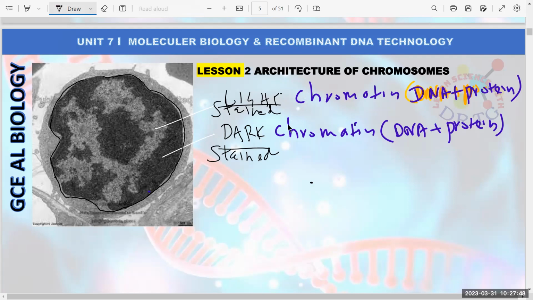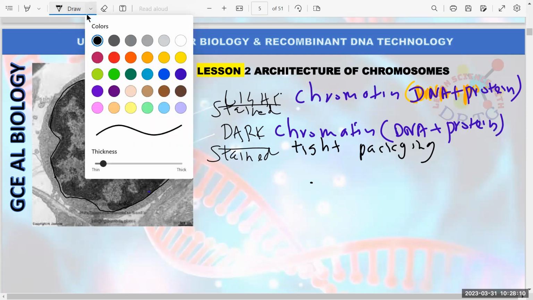The right words are loosely packed and tightly packed. It's about the packaging. So this dark area has tight packaging. It's completely, very tightly packed.